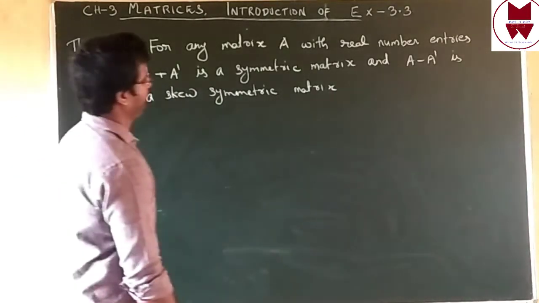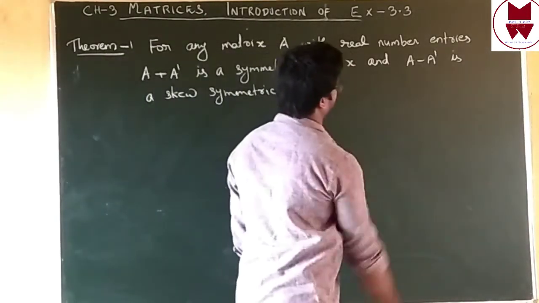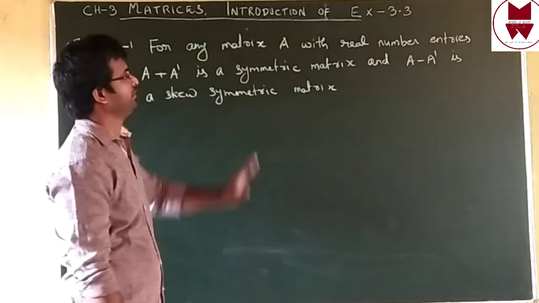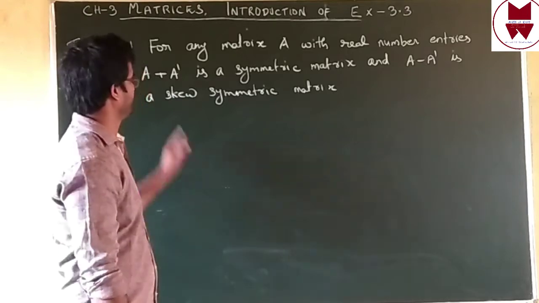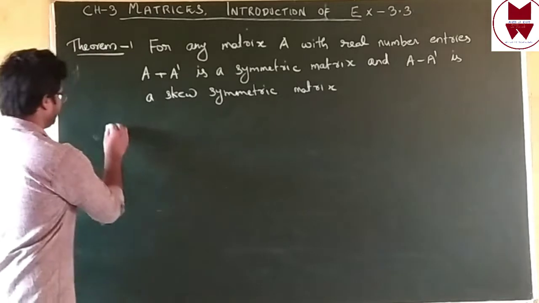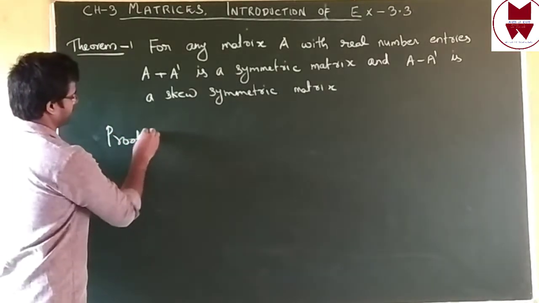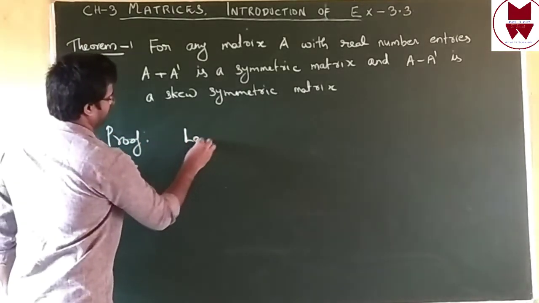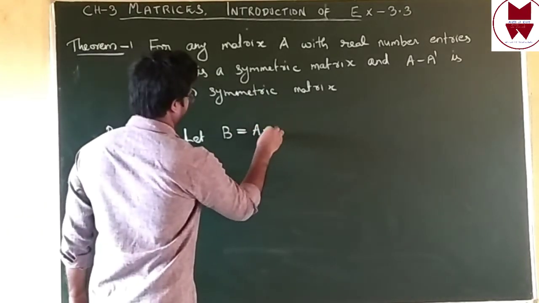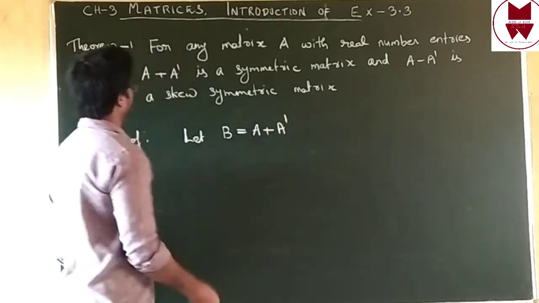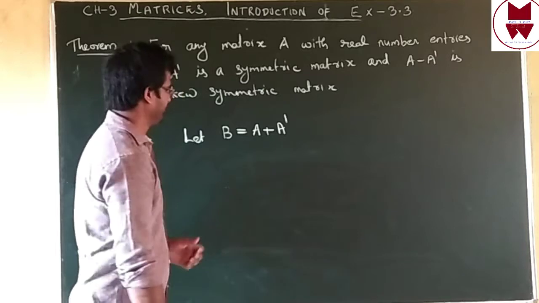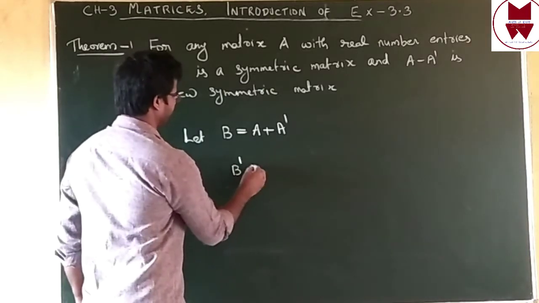For any matrix A, meaning a matrix with real number entries, A plus A transpose is a symmetric matrix. Okay, we can see the proof. Let B equal A plus A transpose. Then find B dash.